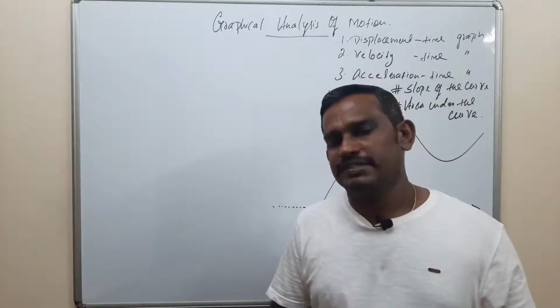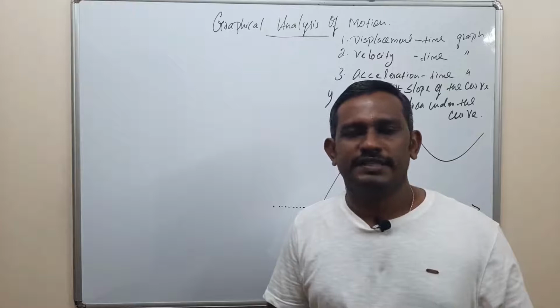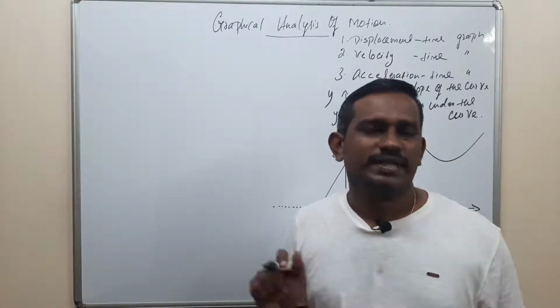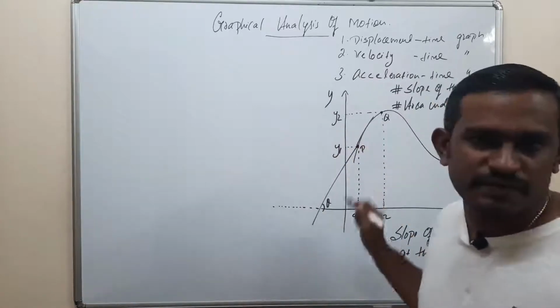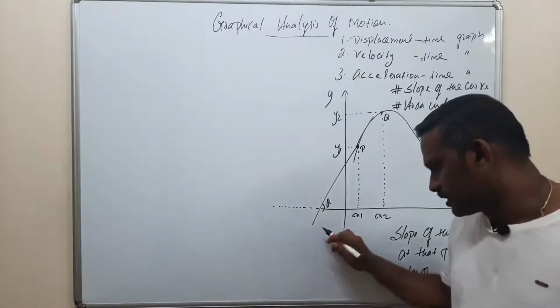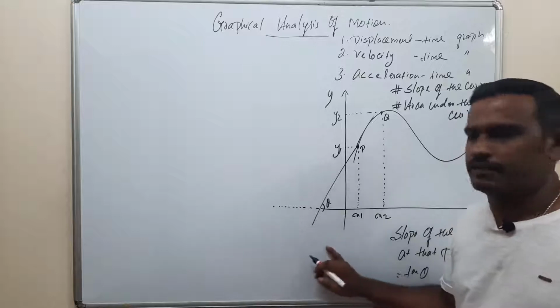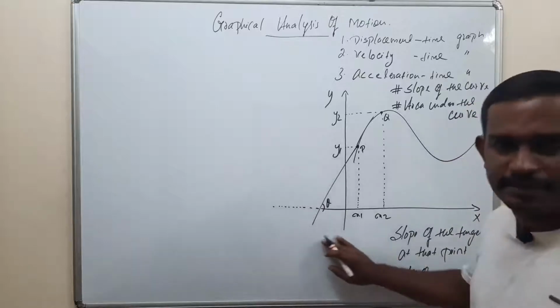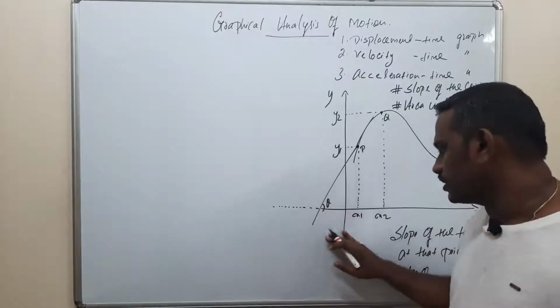In that playlist I have uploaded one video, differentiation part 1, where I have discussed these things in detail. You can watch that video. For the time being I will say the essential things only.